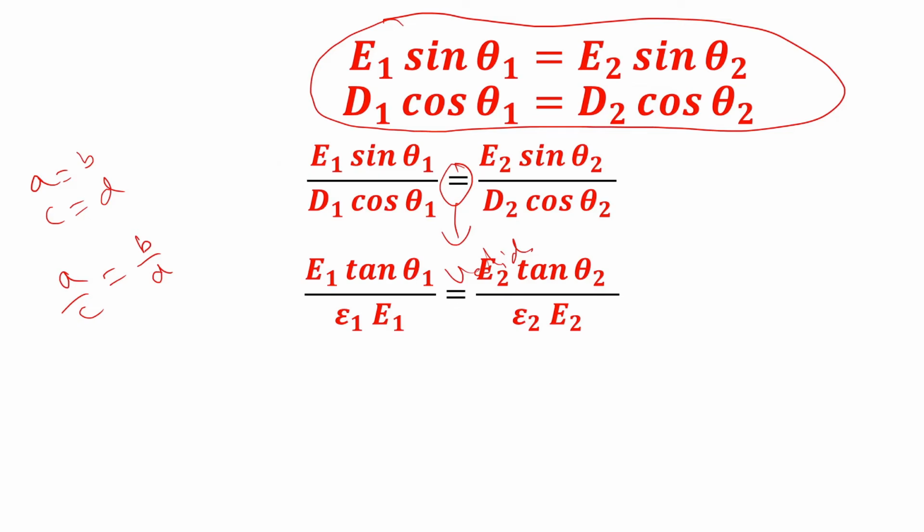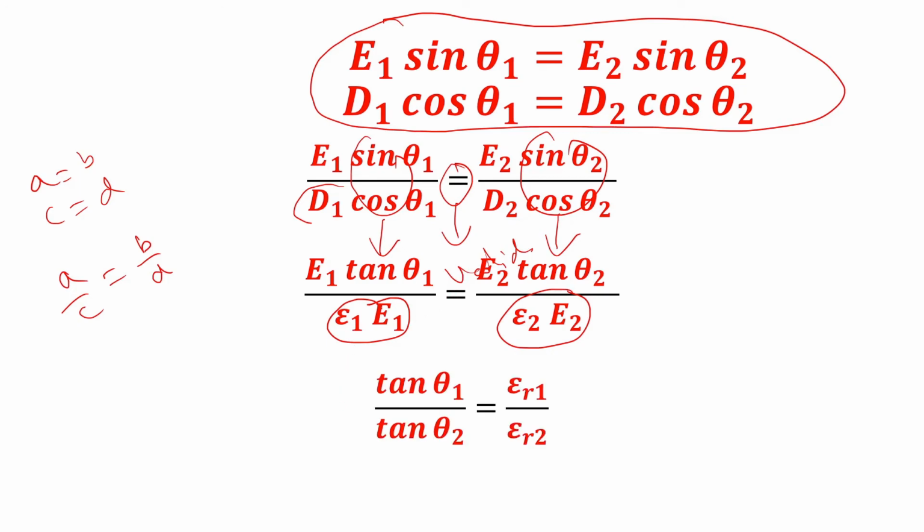Using that, I can conclude this. If I replace D1 with epsilon 1 E1 and D2 with epsilon 2 E2, and sin theta 1 by cos theta 1 is equal to tan theta 1, sin theta 2 by cos theta 2 is equal to tan theta 2. So I can say that tan theta 1 by tan theta 2 is equal to epsilon 1 by epsilon 2, but epsilon 1 is nothing but epsilon naught epsilon r1, and epsilon 2 is epsilon naught epsilon r2.